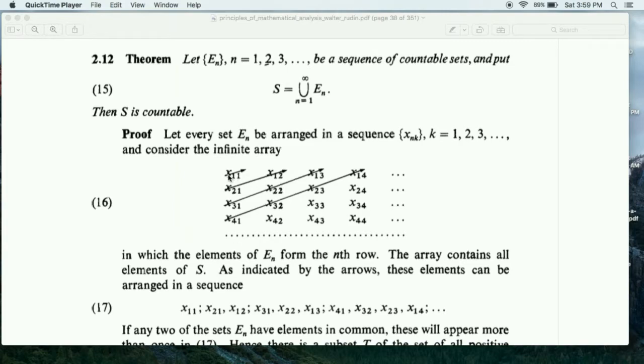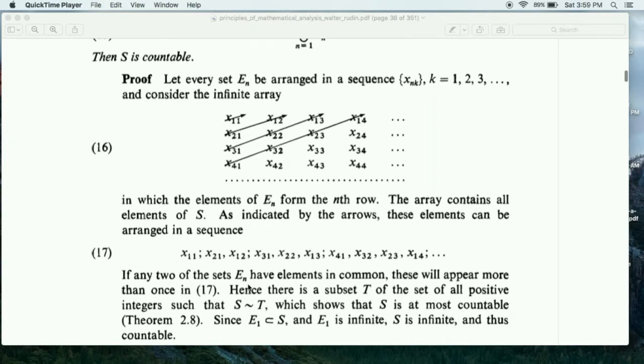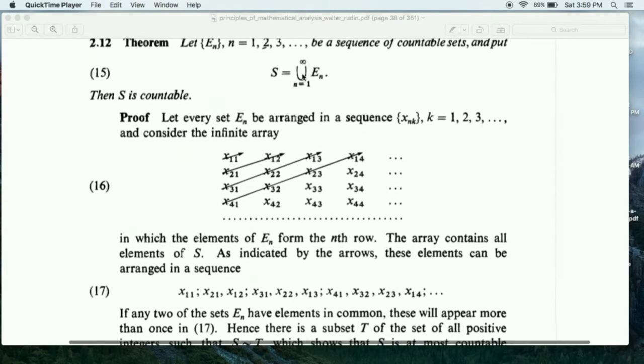We first take the first element as x11, then the second element as x21, third as x12, fourth as x31 and so on. In this way we will cover all the elements in the set S. So we will have an enumeration of S.